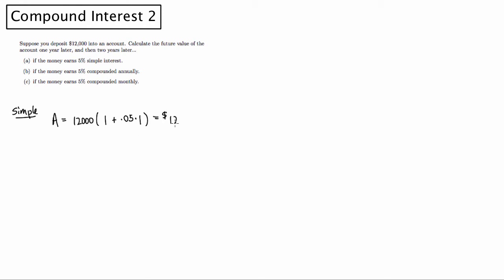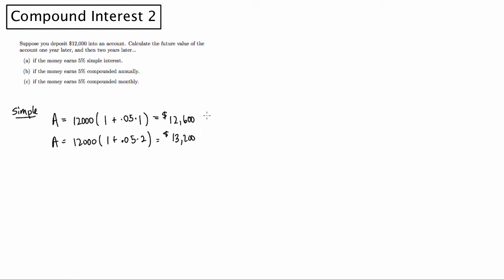The future value in that case would be $12,600, so a total of $600 interest was earned. Versus 2 years, the only difference would be changing the t value to being 2 for 2 years, at which point we would have a total of $13,200.